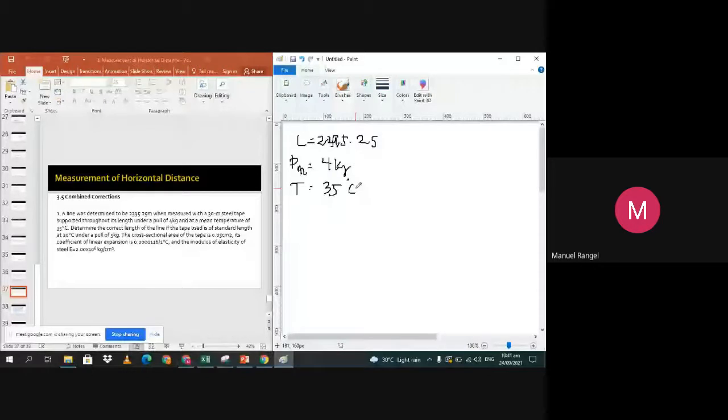So determine the correct length of the line if the tape used is of standard length at 20 degrees Celsius. So na standard temperature at 20 degrees. Under a pull of 5 kilograms. So this is also the standard pull.